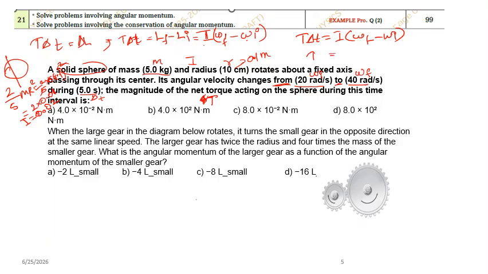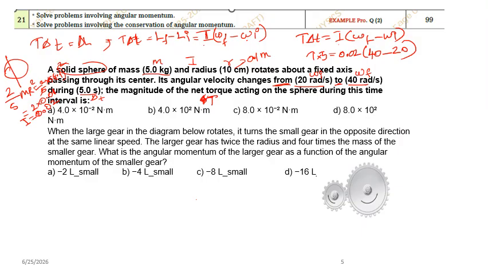So the moment of inertia we found is 0.02, multiplied by omega final minus omega initial. Omega final is 40, so 40 minus 20, divided by delta t, which is 5.